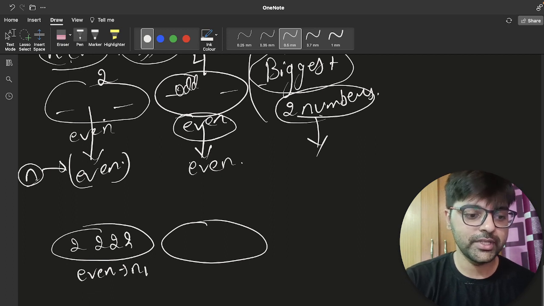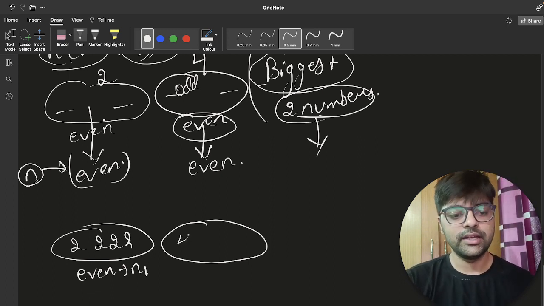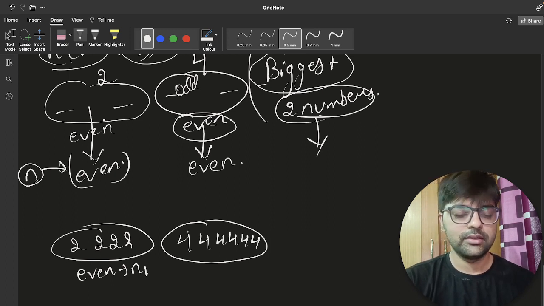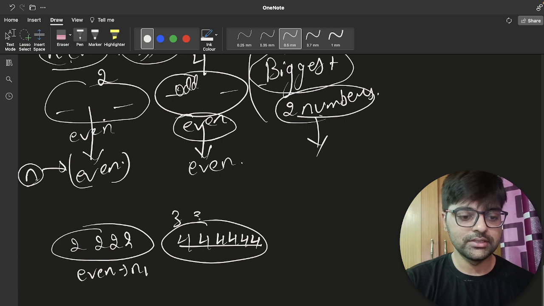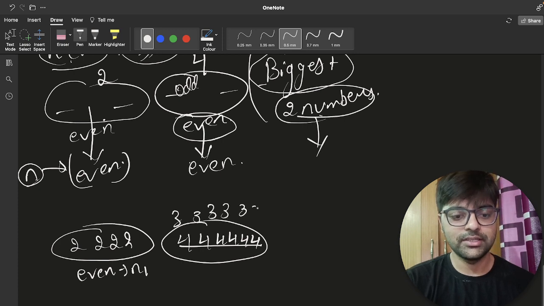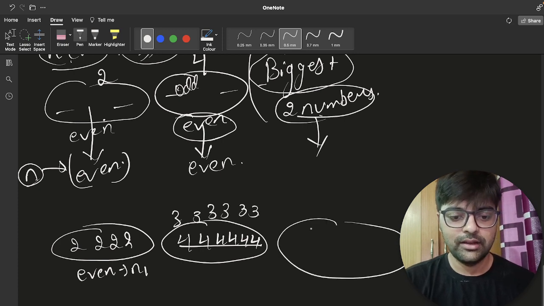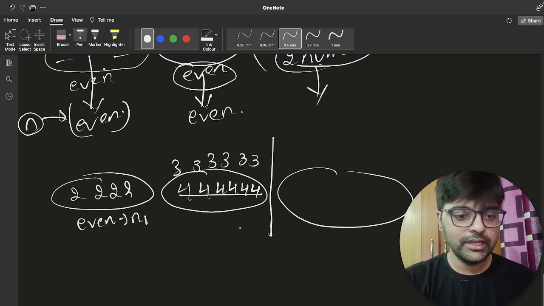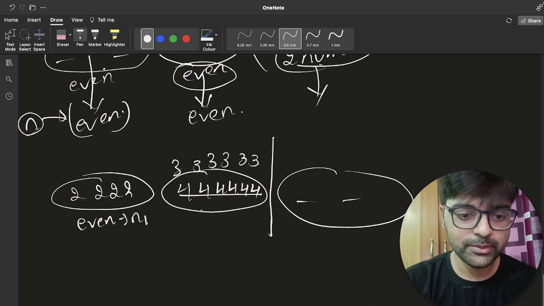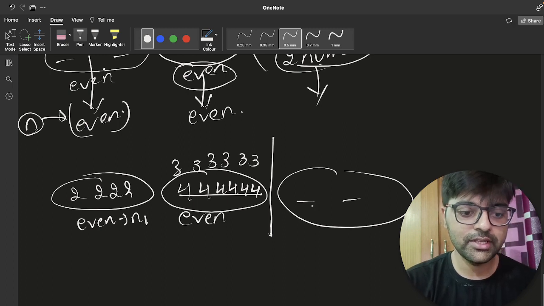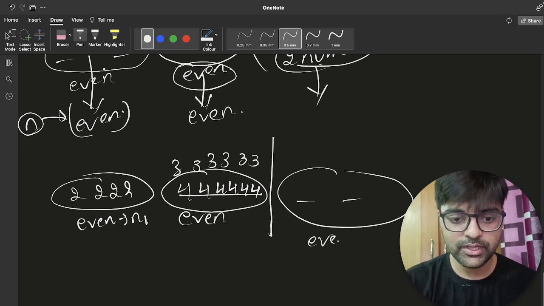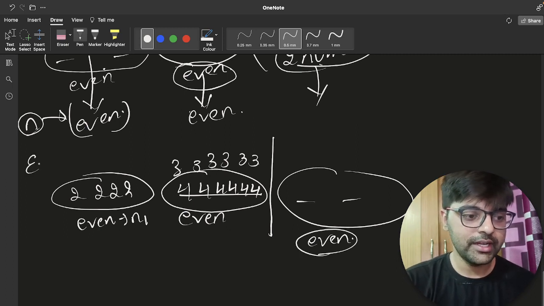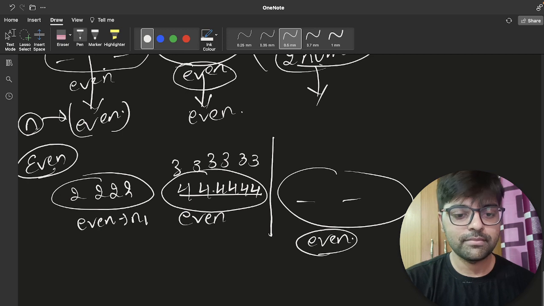Here it will represent the number of elements, and here we have 4 4 4 4 4 4, or consider 3 3 3 3 3 3, and here we don't know, right? So n is even, then as this is even, there must be an even number of even numbers left, because we had n as even, right?